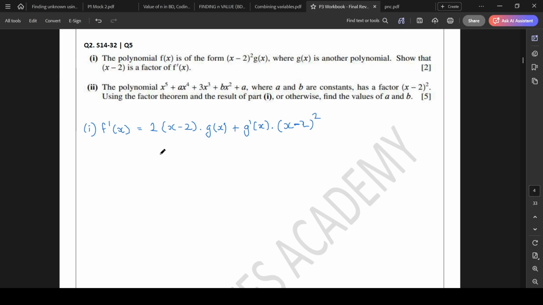And if I want to prove that x minus 2 is a factor of f dash x, I'll just write that f dash of 2 should be equal to 0 for x minus 2 to be a factor of f dash x. So that is what I'm going to prove now.